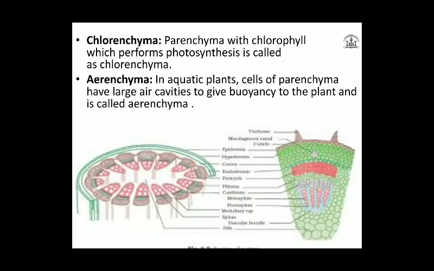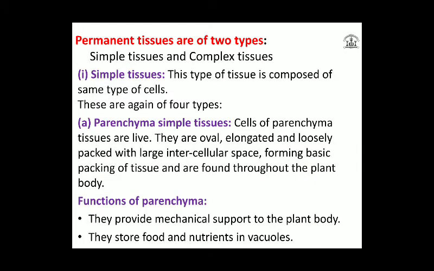Now we'll see the functions of parenchyma tissues. They support the plant body, help to store food and nutrients in the vacuoles, and also sometimes contain chlorophyll and perform photosynthesis.